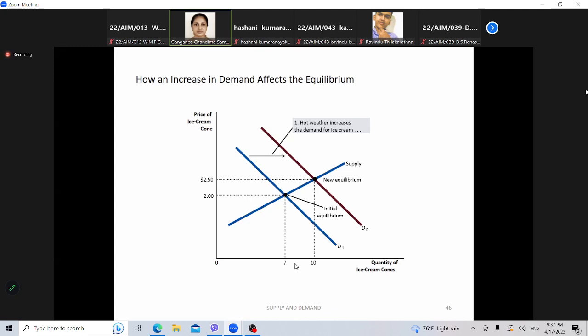Then you can see how weather affects this equilibrium. It shifts the demand curve and the supply curve is the same. Then the equilibrium point changes. This is the initial equilibrium and this is the new equilibrium. Hope you all can draw these diagrams now.